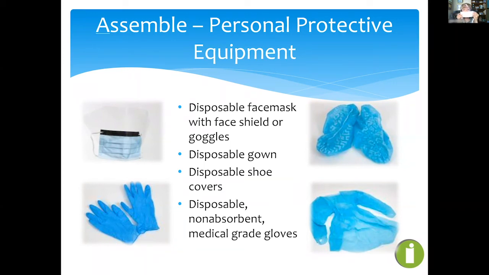So this does a double duty of shielding your eyes as well as shielding your nose and your face, because these aerosolized particles are coming in all around your face because they're floating out through the air. It could be anywhere around you. So you want to make sure that you're protecting your respiratory system. You also have a disposable gown, and this big long disposable gown is going to be pretty much full body coverage.